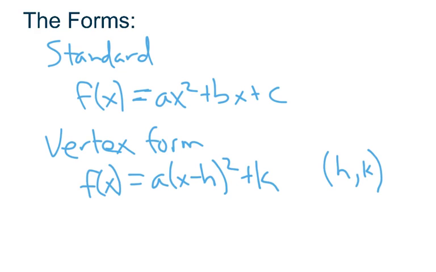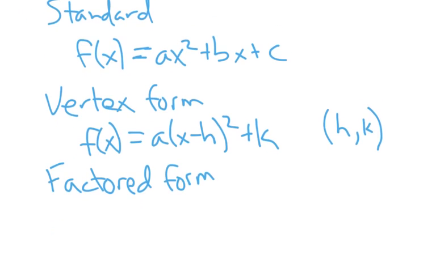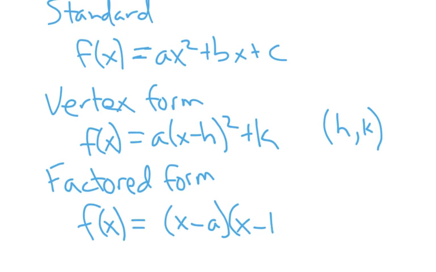And then finally, we have a form that we haven't talked about too much recently, but it makes sense when you think about what the words are. That's factored form, where we have a quadratic equation given to us as x minus a times the quantity x minus b, and it could be plus or minus, but that's where things are broken down into factors.